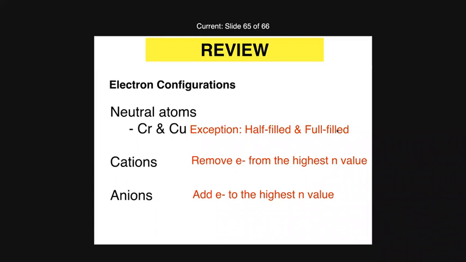And when you add electrons, you also add to the highest n value, because the highest n value indicates the outer shell electrons, the energy level that is furthest away from the nucleus. So that would be the summary.